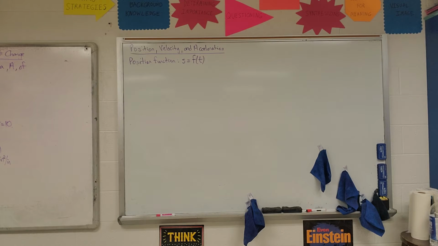Why s, I don't know, honestly. We could call it whatever though. You can call it anything. Sometimes it's even called x. I've seen that before too. It just depends on whatever you want to call it. I mean, it's just a variable. But we do usually write the function in terms of t, meaning that it's a function of time. They do usually use t for that.